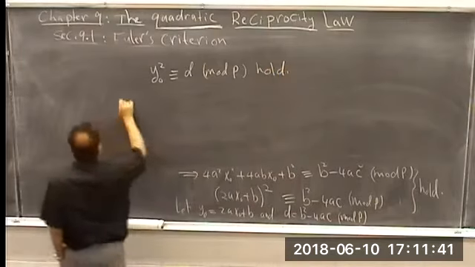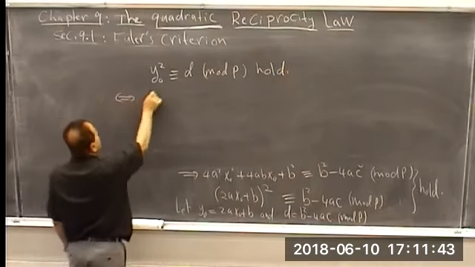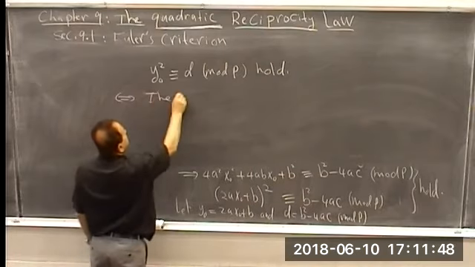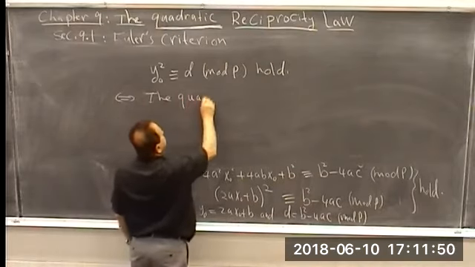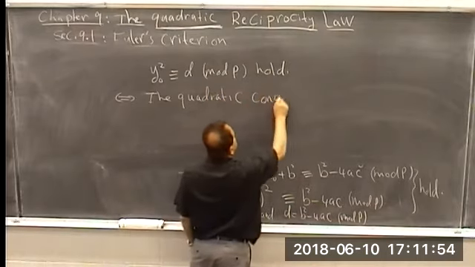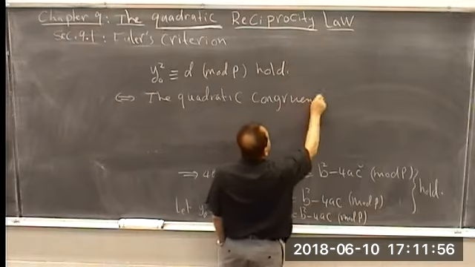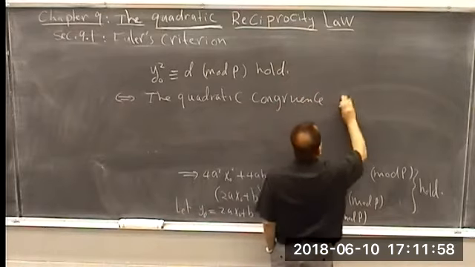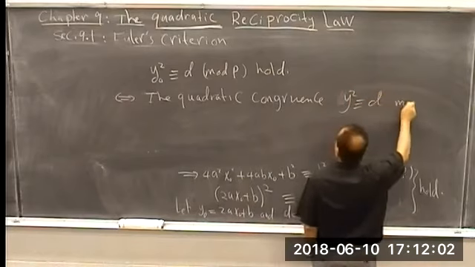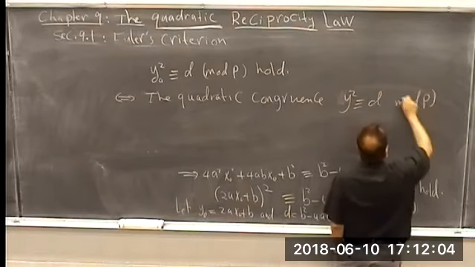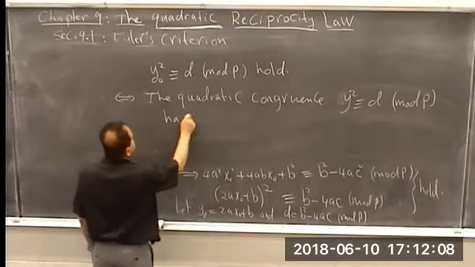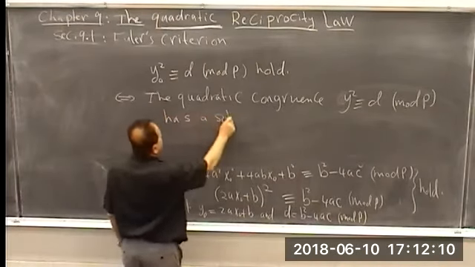And this is equivalent to saying that the quadratic congruence y squared congruent to d mod b has a solution, which is of course y sub 0.